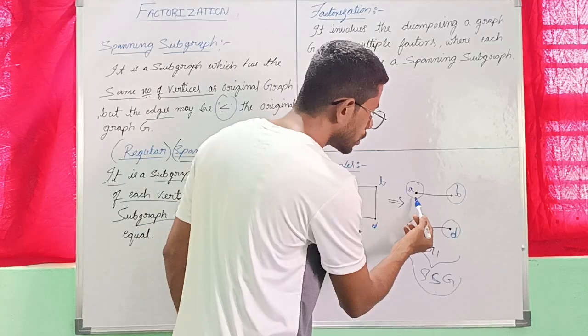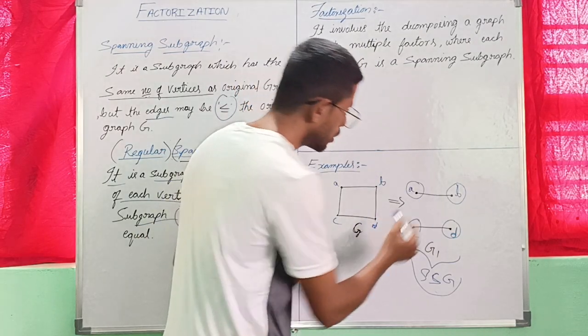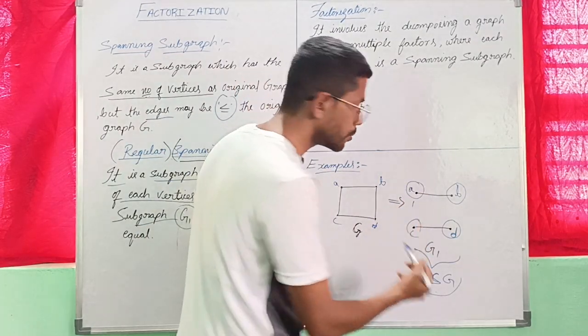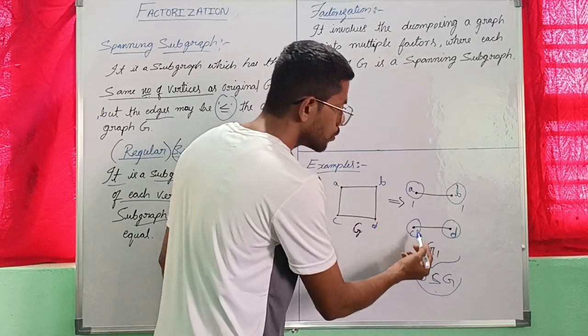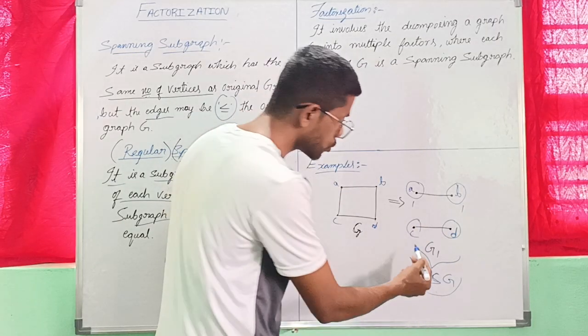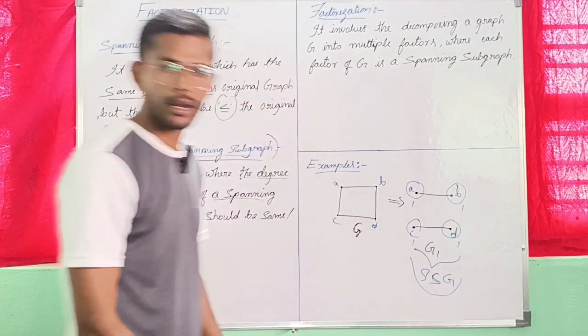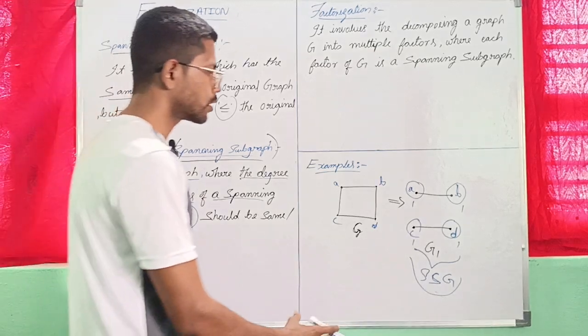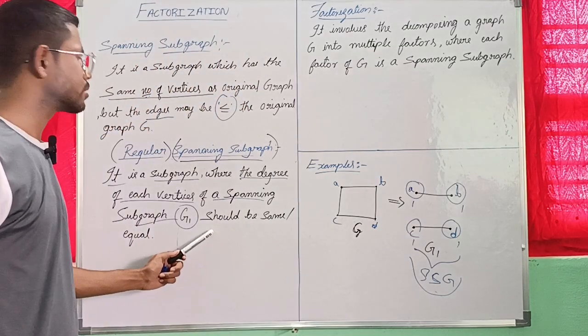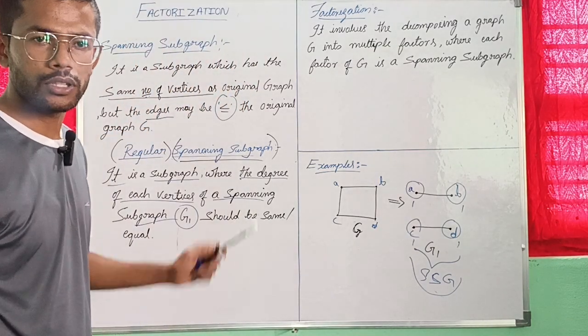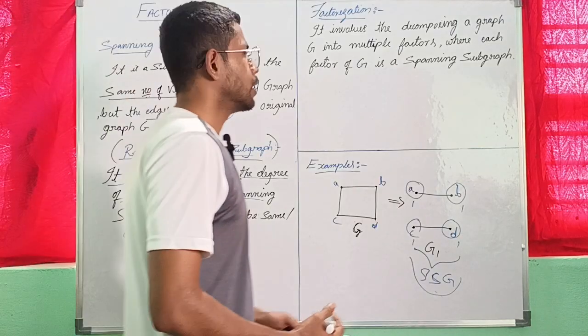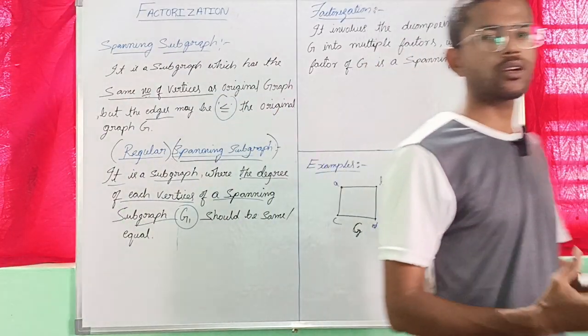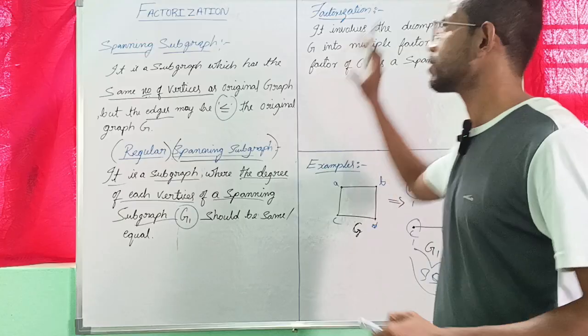What is the degree of vertex A? It is 1. What is the degree of vertex B? It is also 1. And vertices C and D are also 1, right? So this is what the regular spanning subgraph is. Do you understand?